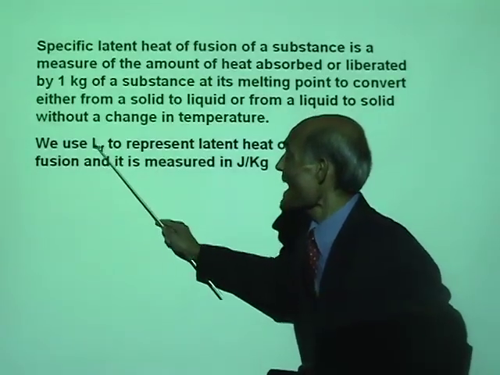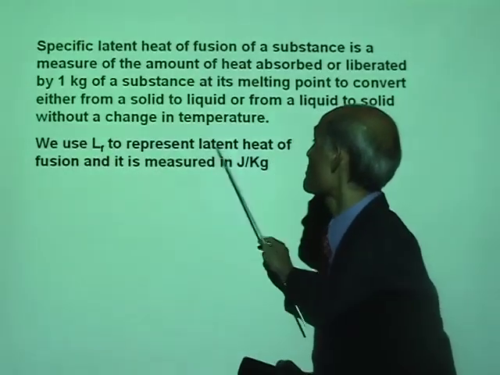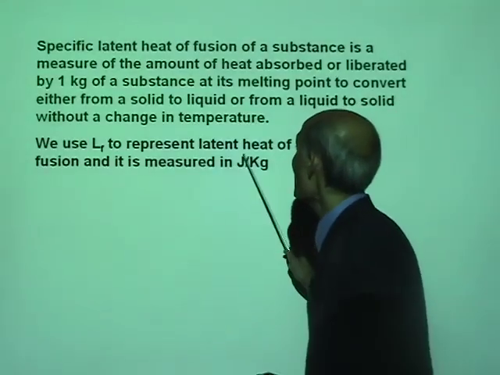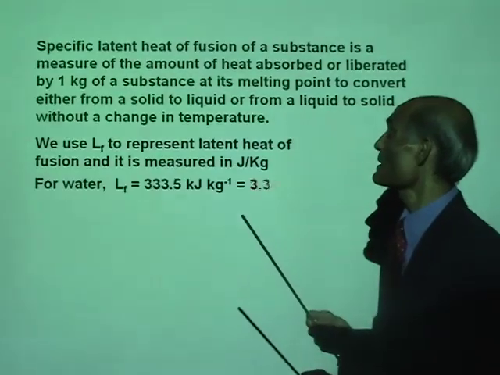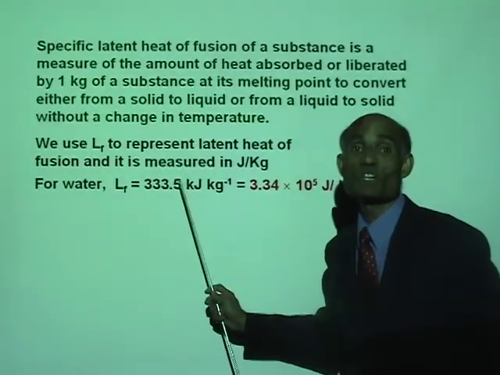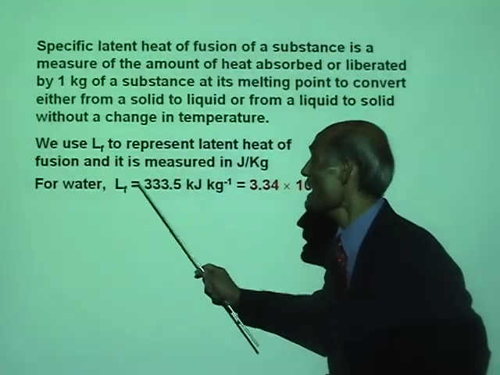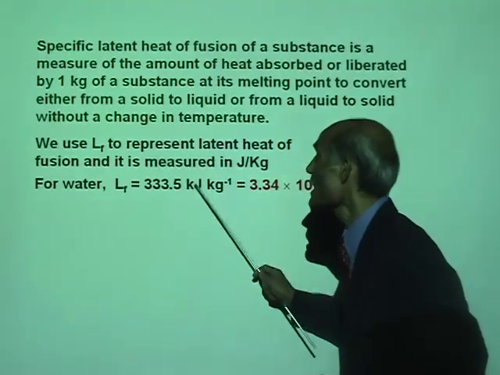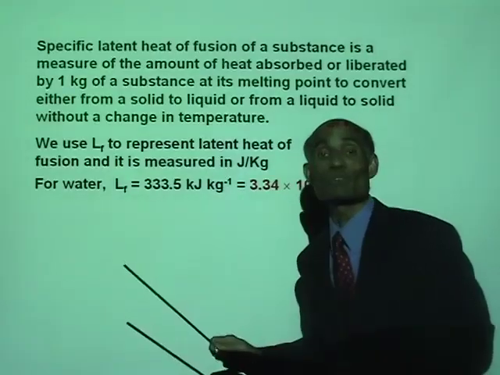So we use L sub F to represent the latent heat of fusion, and it is measured in joules per kilogram. Now look at the latent heat of fusion of water. L sub F is 333.5 kilojoules per kilogram.